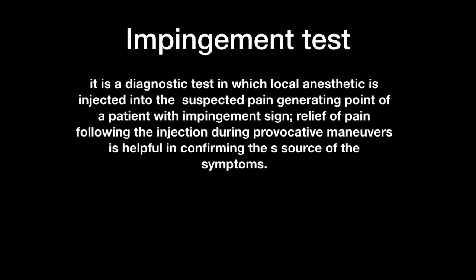The impingement test is a diagnostic test in which local anesthetic is injected into the suspected pain generating point of a patient with impingement sign. Relief of pain following the injection during provocative maneuvers is helpful in confirming the source of the symptom. So the impingement test is very important to locate the source from which the pain is generated.